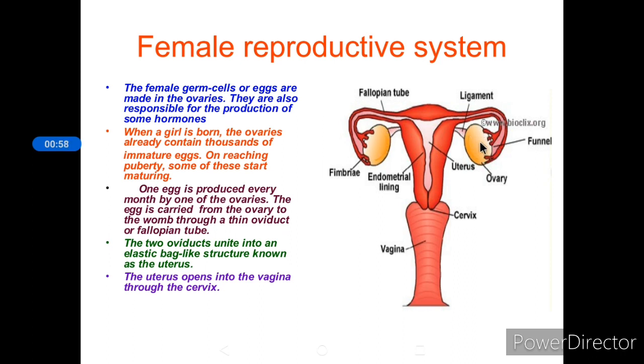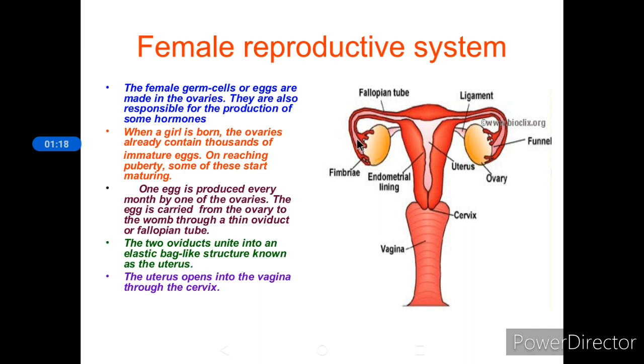That egg is carried from the ovary into the womb through a tube, which is called the fallopian tube or oviduct. Is it clear?